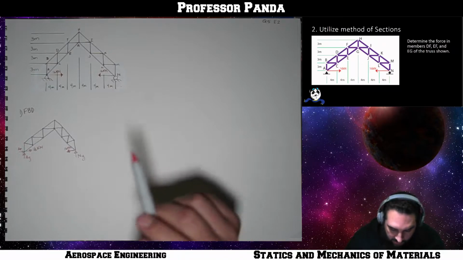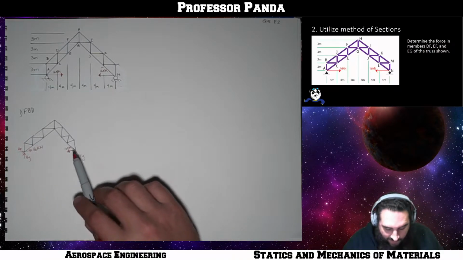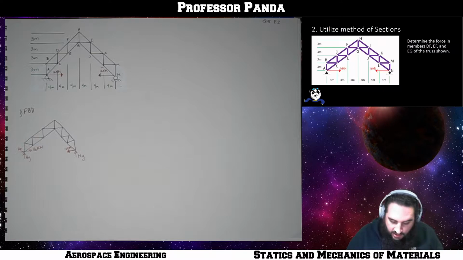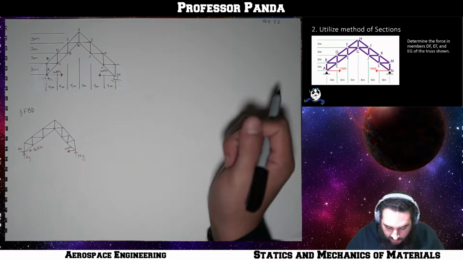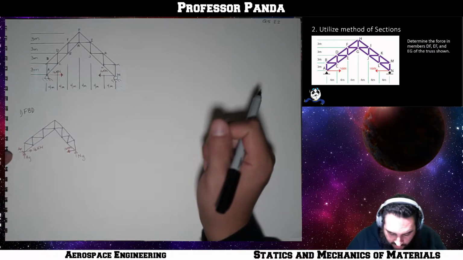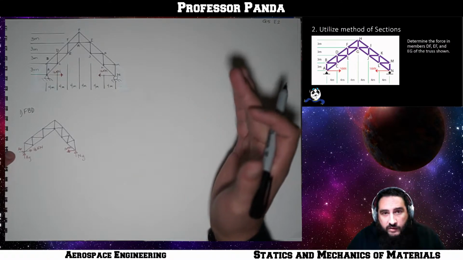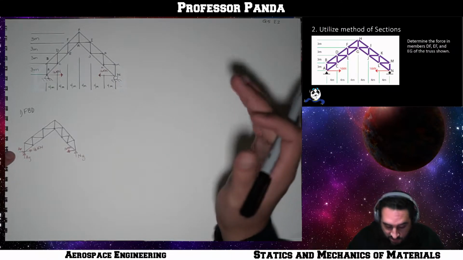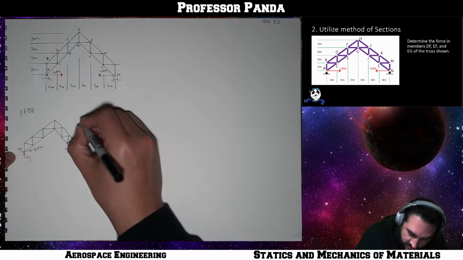I'm going to leave the distances off here for just a moment, and we'll get into solving for the reaction forces. We'll definitely start with the sum of the forces in the X direction first. So let's start there.